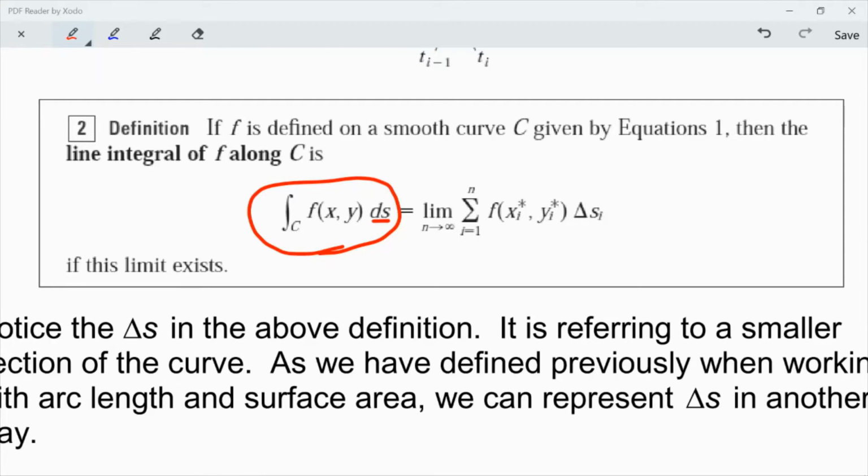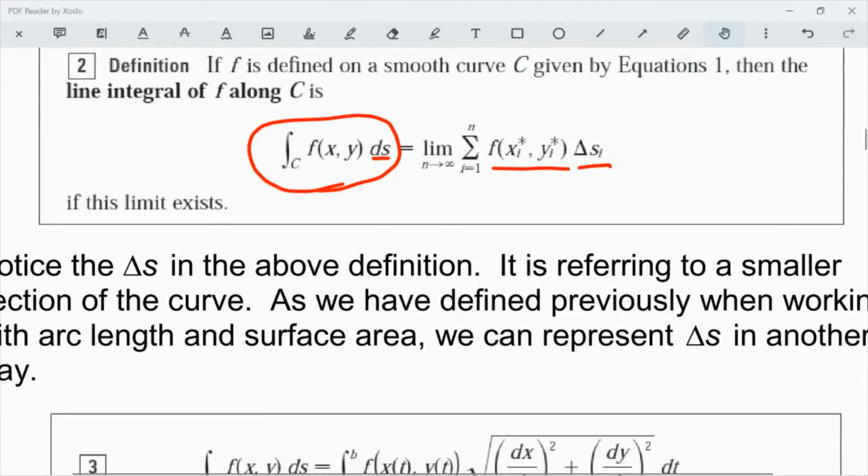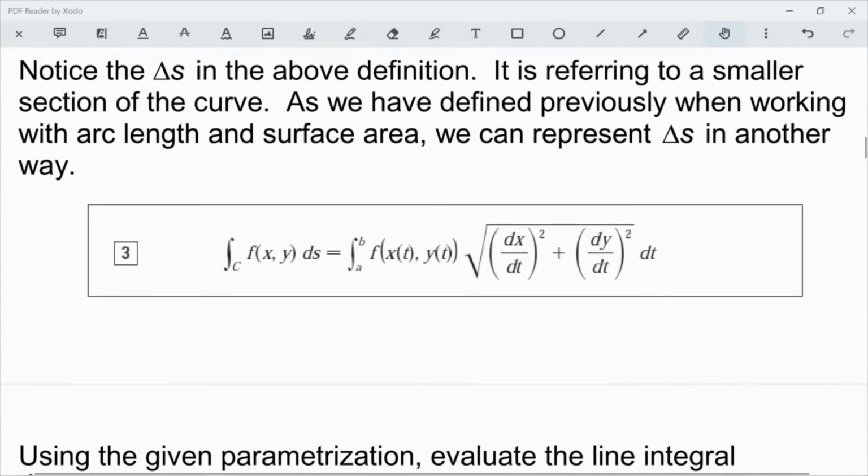Okay, so in the end though, what I'm doing is taking my function times, instead of a delta x or a delta y or a delta z like we did before, a delta s. So a small piece of the length of the curve. Now remember, we talked about what delta s is back when we did arc length. And so really what we do is we substitute into our integral for ds our arc length expression.